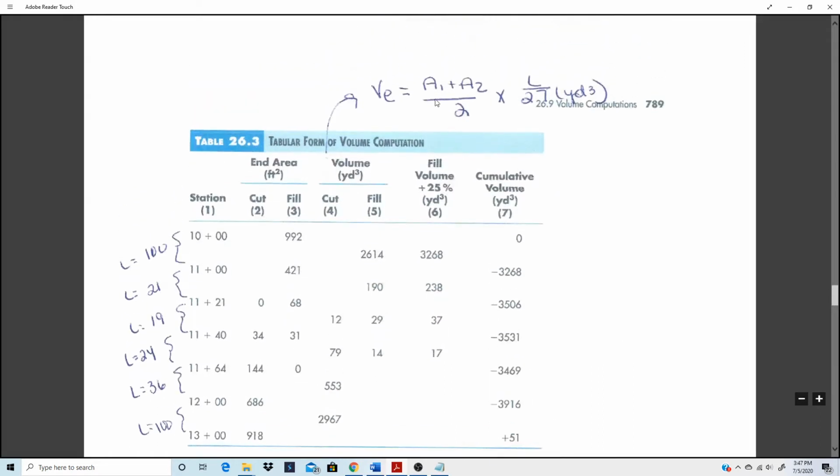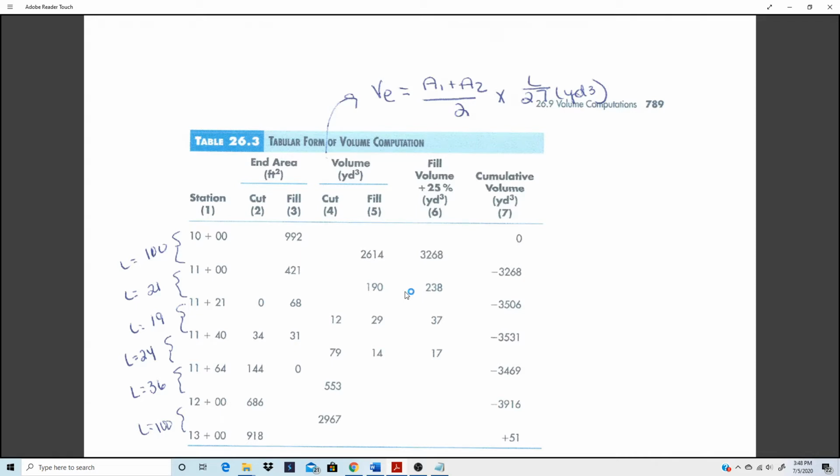So the formula, and I've got it right up top, to get the volume is your area 1 plus area 2 divided by 2 times L divided by 27. So I call this one my area 1, 992, and this one my area 2, and of course there's 100 feet between the two, and then divide it by 27. So if I say area 1, 992, plus 421, divided by 2, multiply that times 100, and divided by 27.